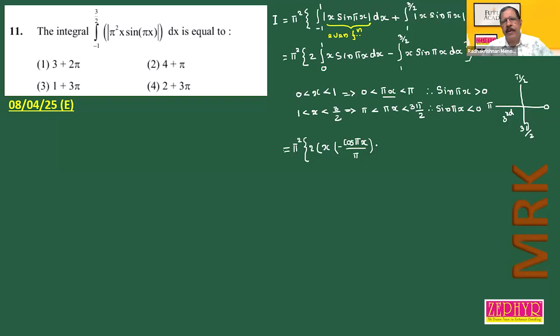Now minus derivative of x, that is 1 into integral of minus cos pi x, that will be minus sin pi x divided by pi square. Now between the limits 0 to 1.